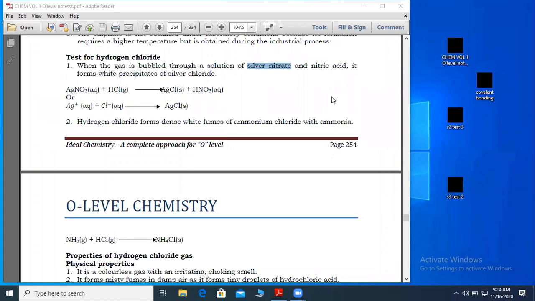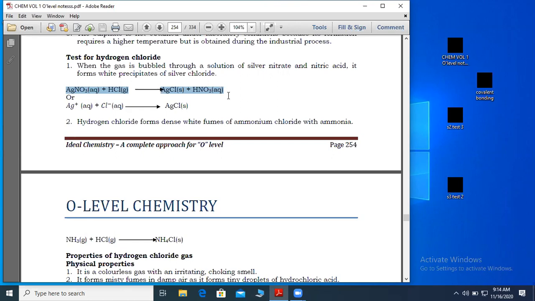Now, state what would be observed when the reagent was added to hydrogen chloride. The answer is right. Write the equation. The equation is right here. Silver nitrate plus hydrogen chloride gas, we get silver chloride plus nitric acid. This is very common chemistry.